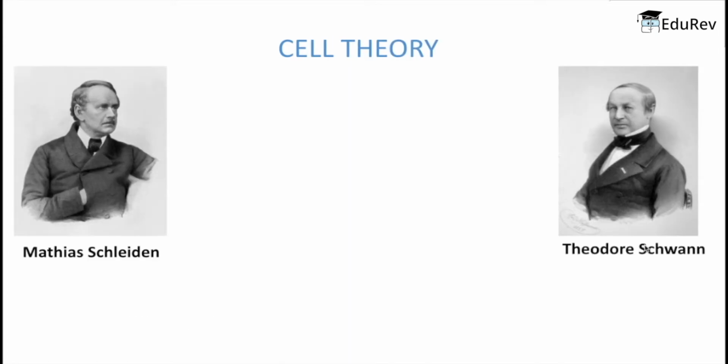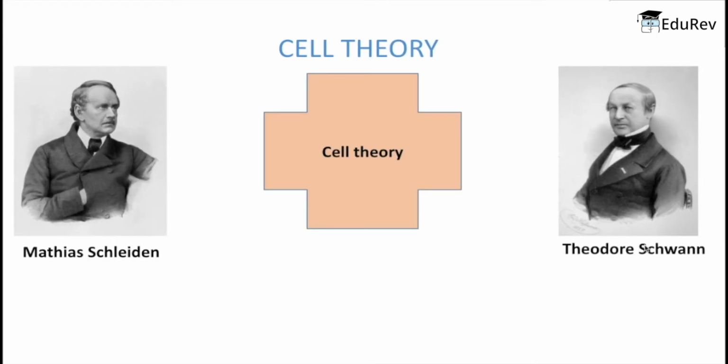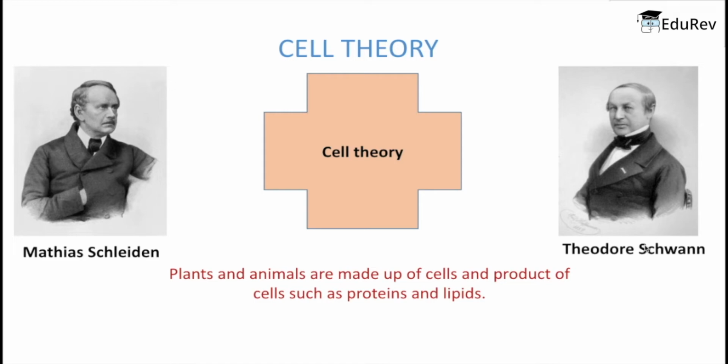Schleiden and Schwann together formulated the cell theory, which stated that plants and animals are made up of cells and products of cells such as proteins and lipids. But the interesting fact was that it did not explain the formation of new cells.